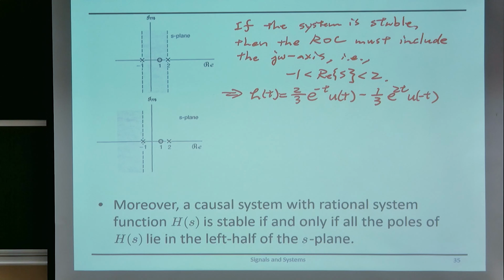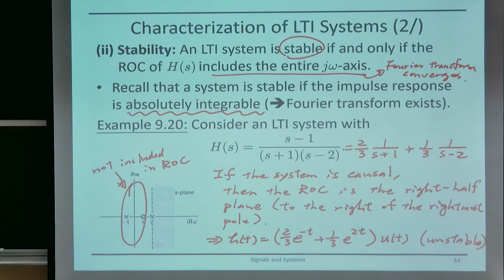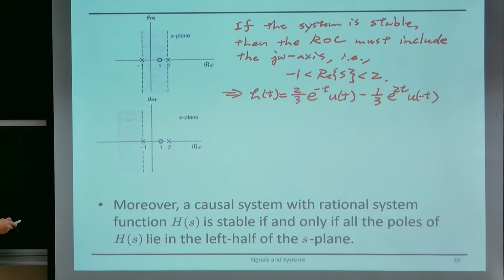All right, so the last one. For this one, we know that if the system is causal, the impulse response is this. If the system is stable, we know the ROC is this, and therefore the impulse response is this. Now, suppose you know that the system is anti-causal.